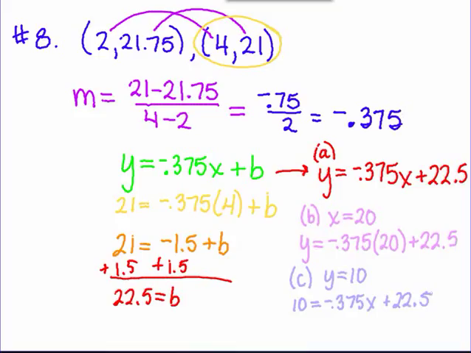What would you have to do first to solve that? Subtract 22.5. And then D says, is it reasonable to use the equation to estimate the consumption of milk for any year? You need to think about that, and you can go ahead and finish that. I think I've given you a good start on 8 that should help you with 9 and 10.